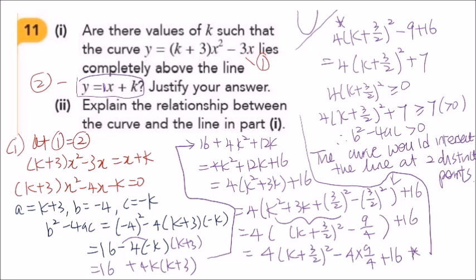So hence we conclude that there are no values of k such that the curve lies completely above the line.